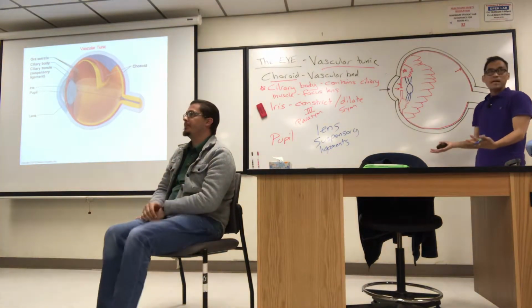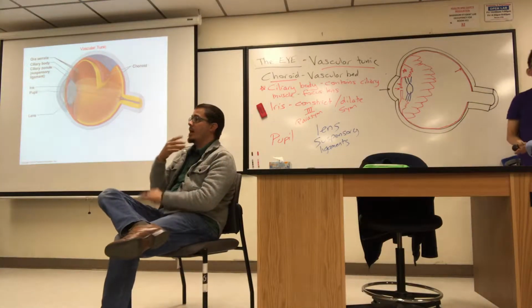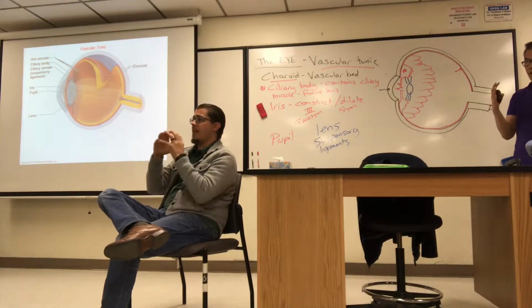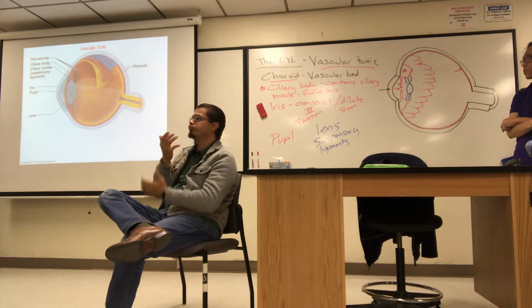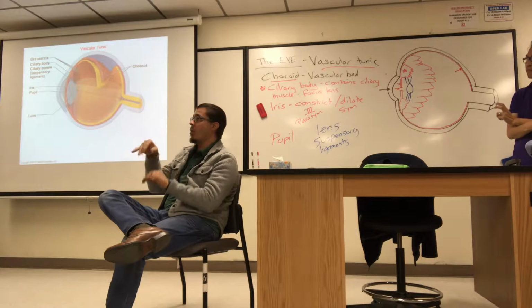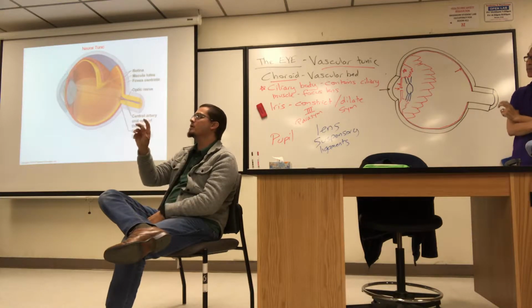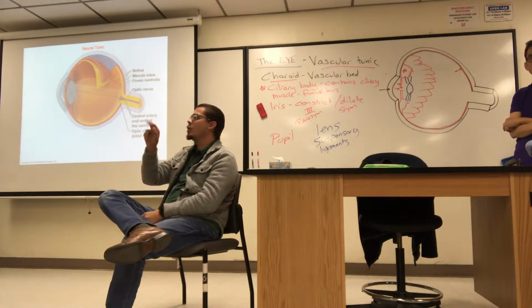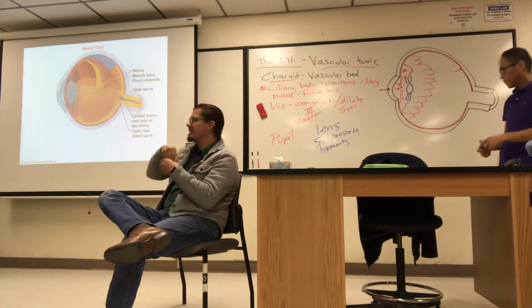So when you let light in, you have to have cells that can actually absorb the photons of light so you could see. And those cells are called photoreceptors, and they're in the neural tunic, the innermost layer. It's colored yellow on the figure.